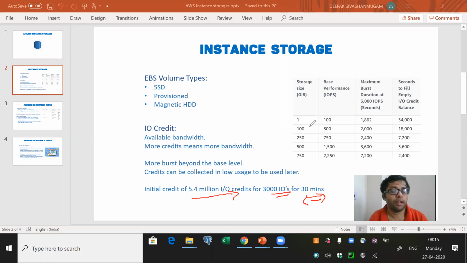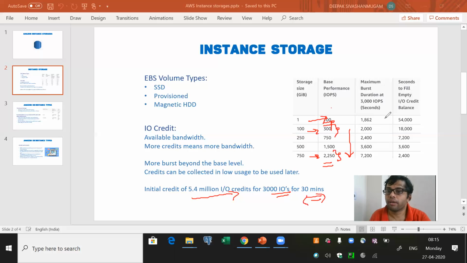You can see that you have a base performance. For a 1 GB EBS volume, you get a base performance of 100, and for storage of 100 GB you get a base performance of 300. As your storage size increases, your base IOPS also keeps increasing per GB. So there is a linear relationship between the storage size and the IOPS that you get.